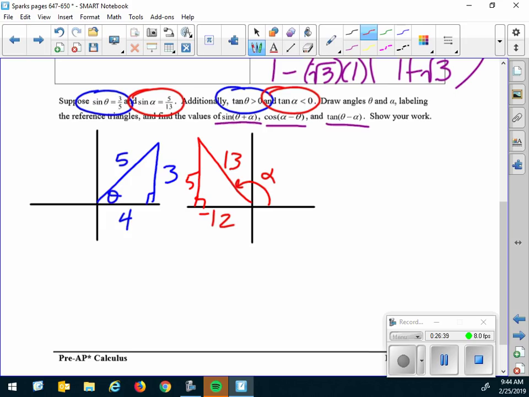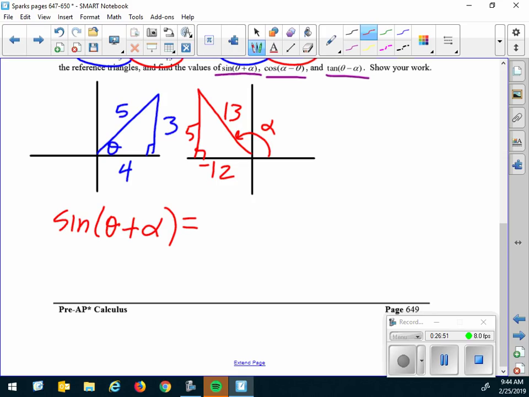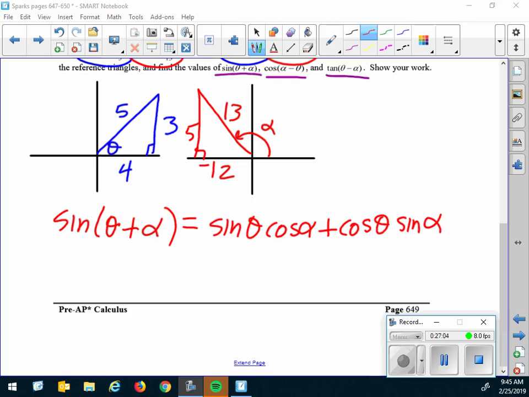Okay, here we go. The sine of theta plus alpha. Now, sine with a plus is sine of the first, cosine of the second, plus cosine of the first, sine of the second.